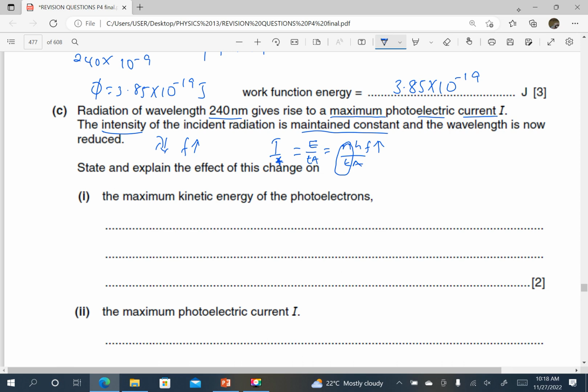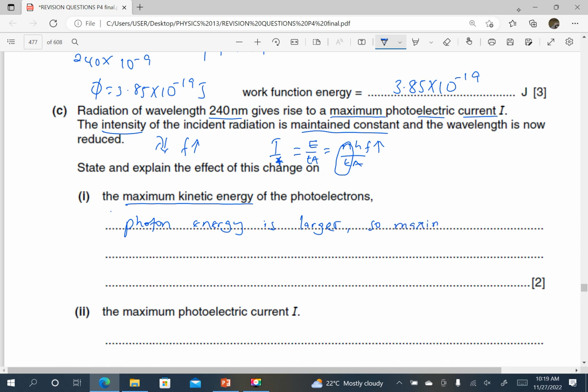So let's see, state and explain the effect of this change on maximum kinetic energy of photoelectrons. Of course, maximum kinetic energy depends on frequency. The intensity is maintained constant, the wavelength is now decreased, meaning the frequency is increased. So photon energy is larger, so maximum kinetic energy is larger.